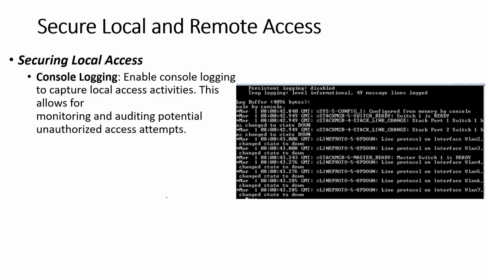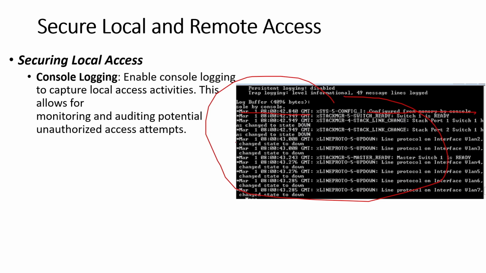You should also enable console logging to capture local access activities. This allows for monitoring and auditing potential unauthorized access attempts. This is an example of logging, wherein it shows that on March 1, 8 a.m., configured from memory by console.